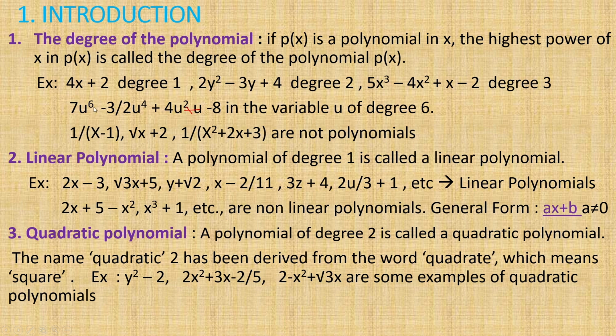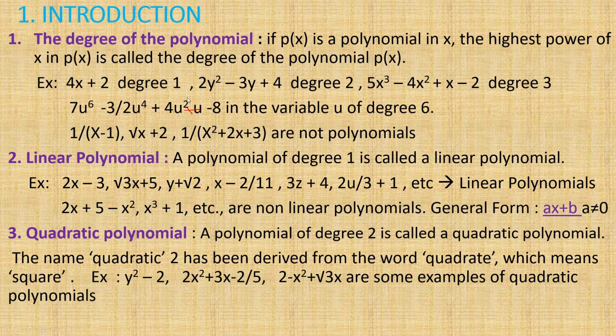Here what we have: u square, where u is the variable, 7 is the coefficient, minus 3 by 2 is the coefficient, 4 is the coefficient, and 8 is the constant. All these are combined with plus, minus, divided by, and so on. So this type of many things combined in one mathematical expression is called a polynomial.